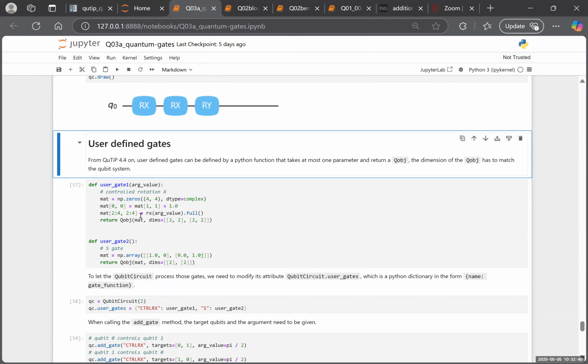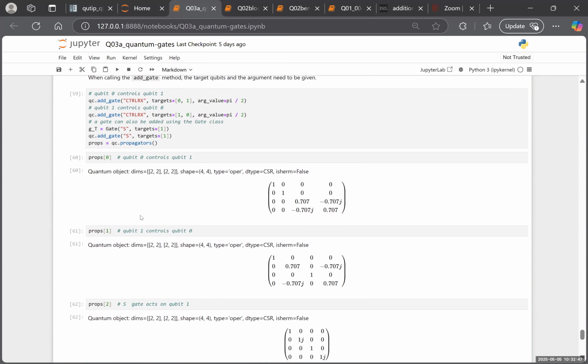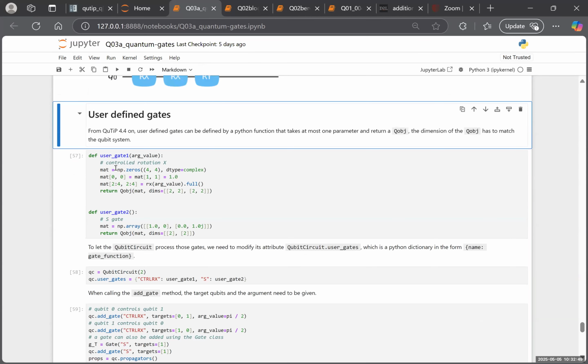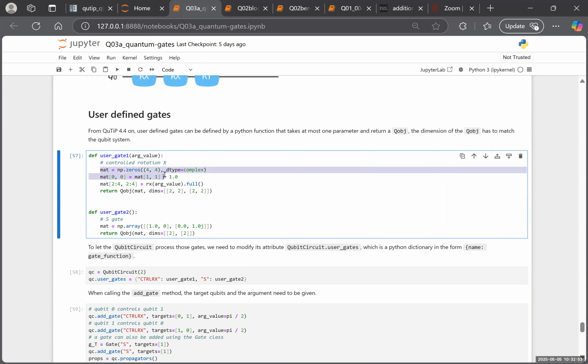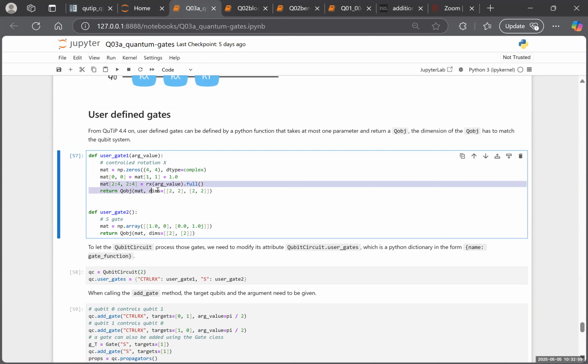Okay, user defined gate. So like in PennyLane, in Qiskit, you can define your own gate. Let's see what they do here. They initialize a matrix. This is 4 by 4. So 0, 0 and 1, 1. It's 1, 0.